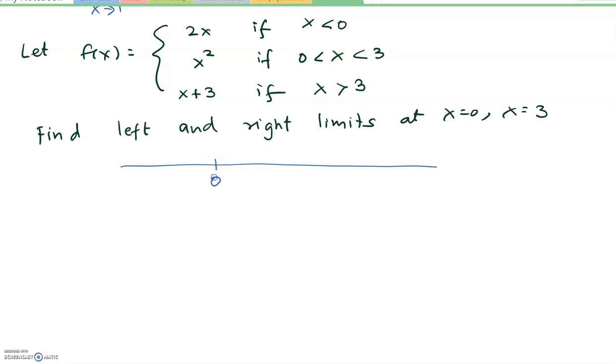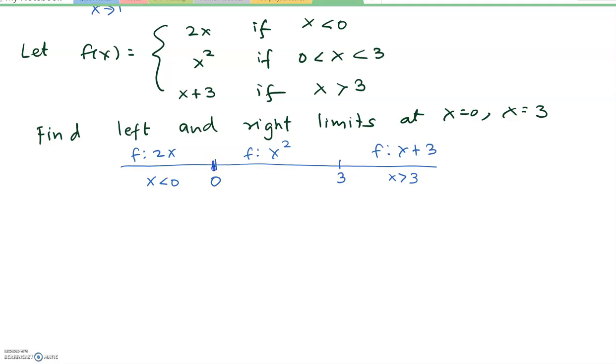So we have 0. On x less than 0, the rule is 2x. And then we have 3. From 0 to 3, the rule is x squared. On x greater than 3, this is the region, and the rule is x plus 3. This organization will help us decide which rule to use.